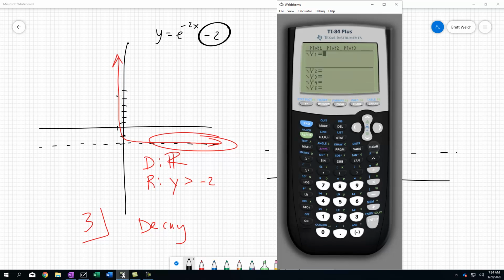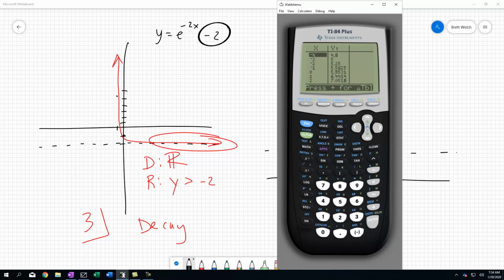I'm going to graph parentheses 5 divided by 4 raised to the x plus 3, over, plus 4. As I graph that, there's my flat spot, and then it is creeping up. It's not growing real fast, which is nice because I can get this graph drawn a little easier.